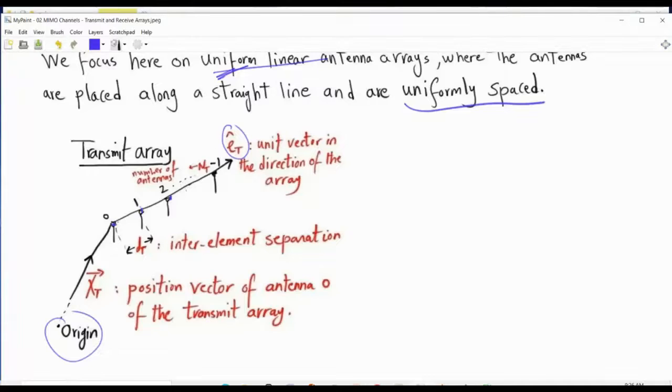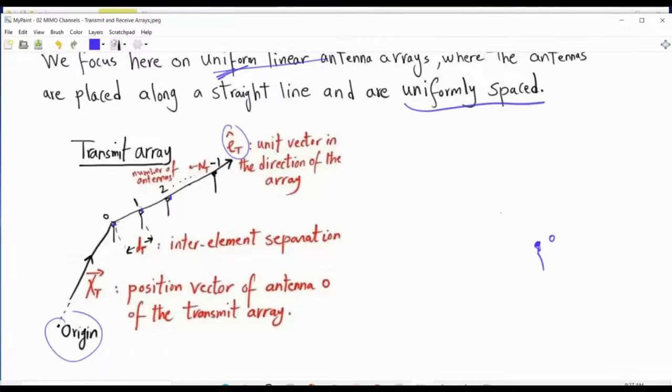So those guys are arranged along a line. So this line has a direction, and so vector et is a unit vector in that direction. Okay, and suppose that we have nt transmit antennas, and so our antennas are numbered 0, 1, 2 up to nt minus 1.